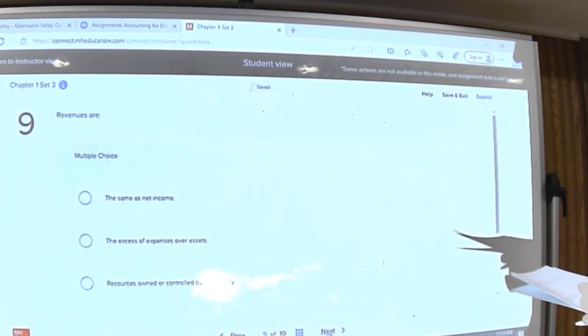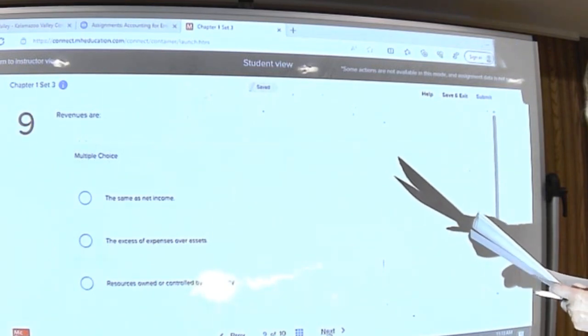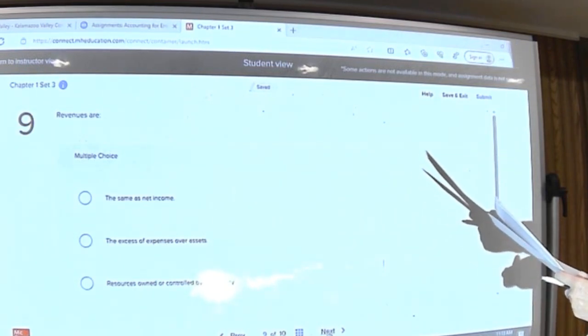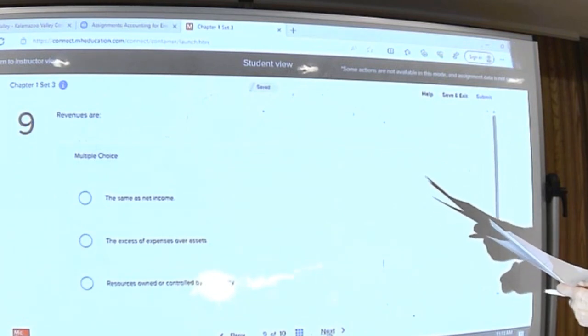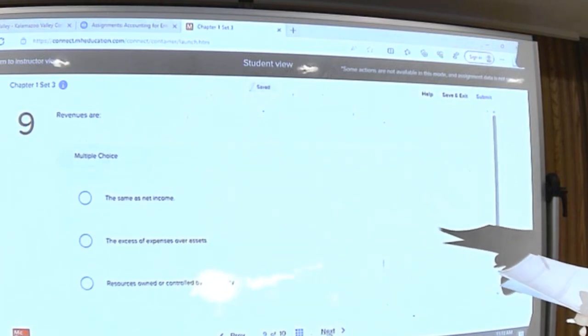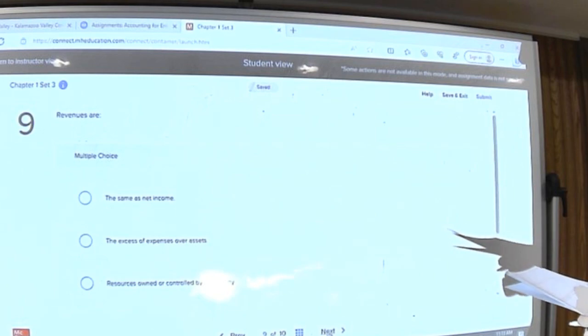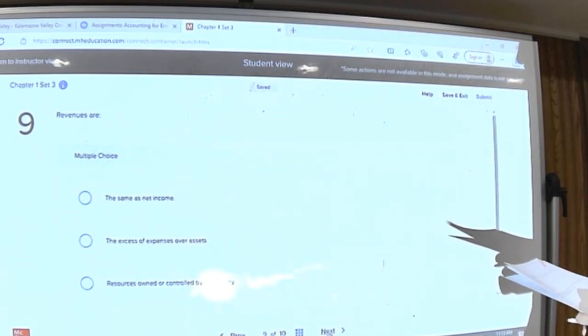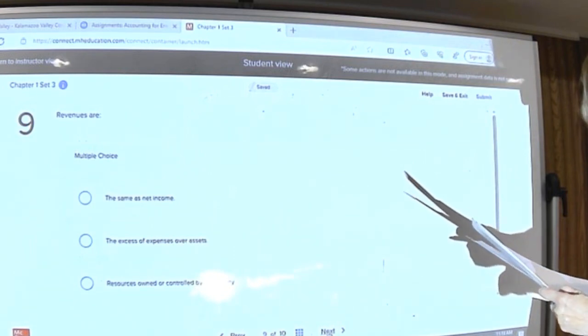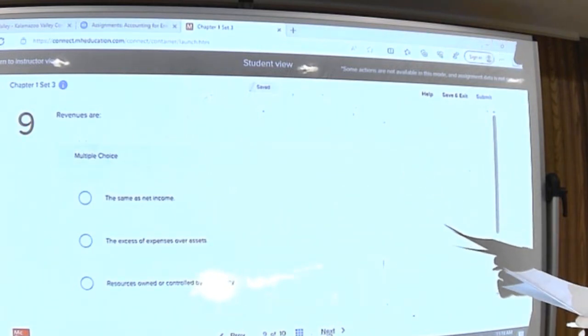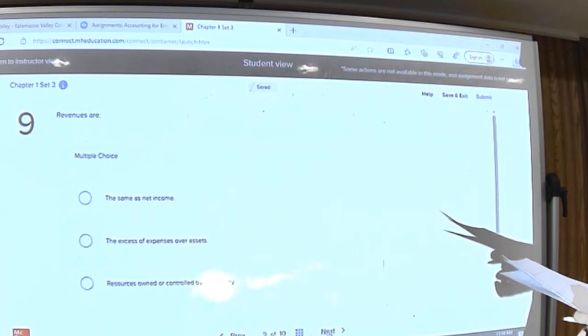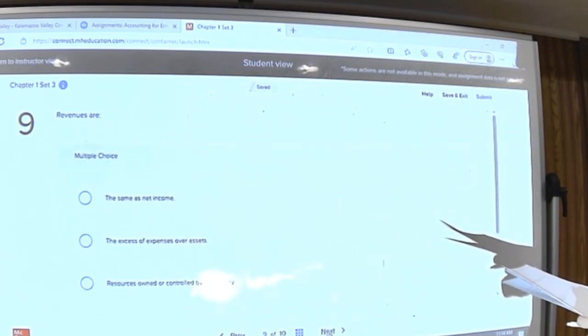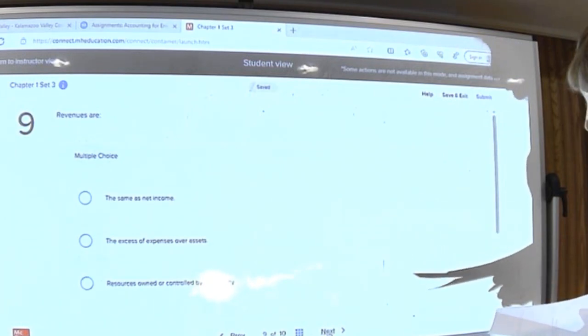Income is revenue minus expense, of course. So we're looking for an increase in equity from whatever our business is about. Maybe we're selling a product, maybe we're providing a service, but anyway, we increase equity from a company's sales of a product or a service. And that's going to be the fourth one down.